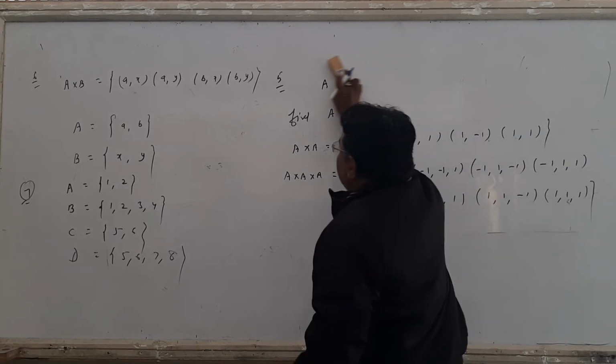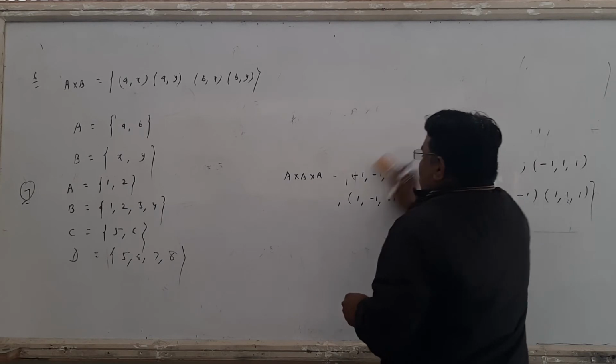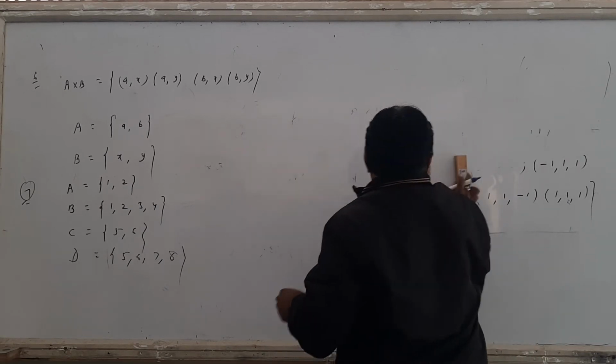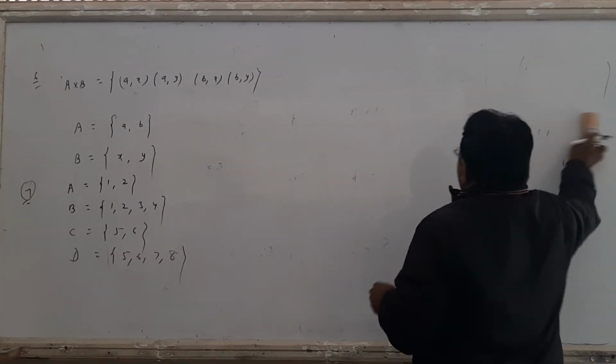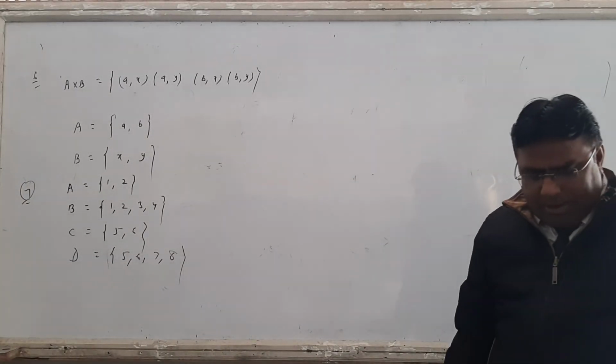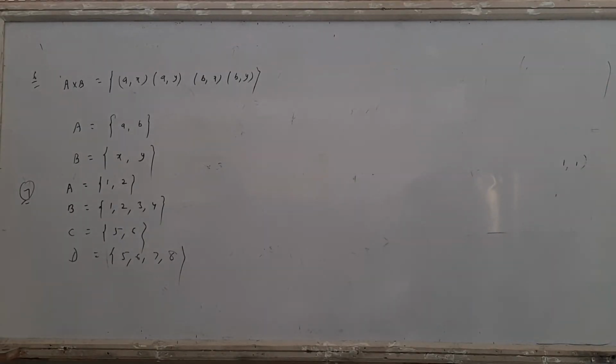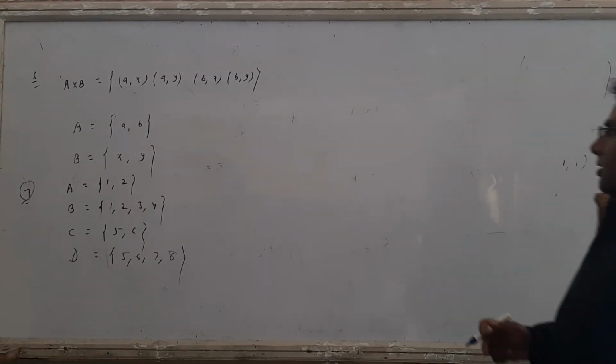First, what is intersection and what is union? A union B means all elements of A and B, with no repetition. But A intersection B means only the common elements of A and B.